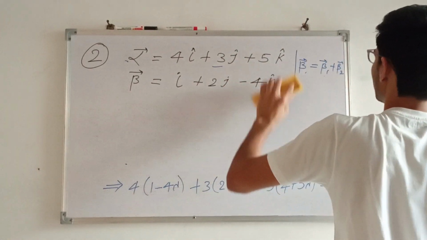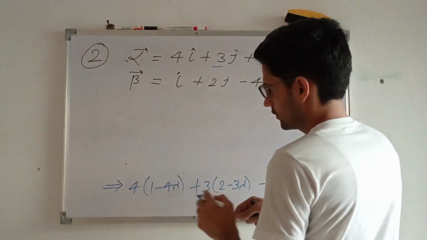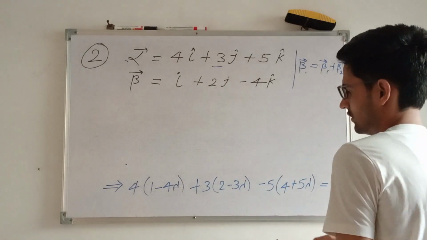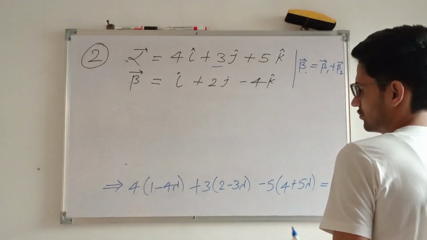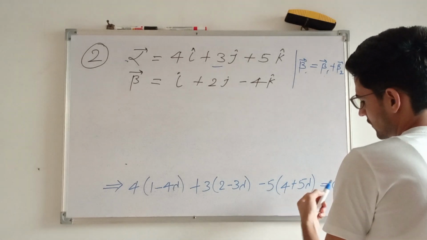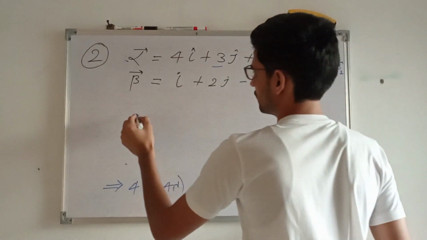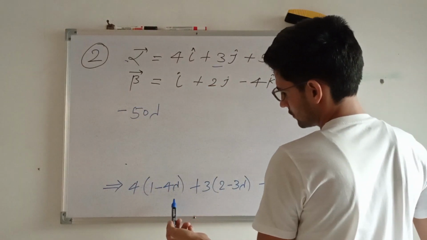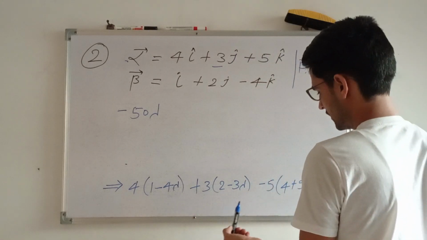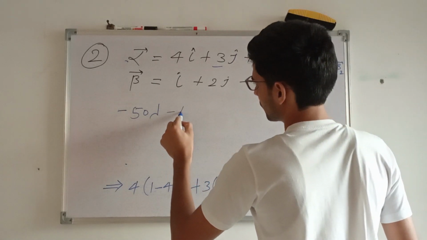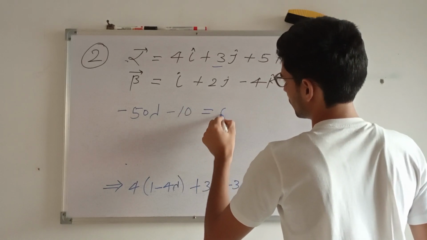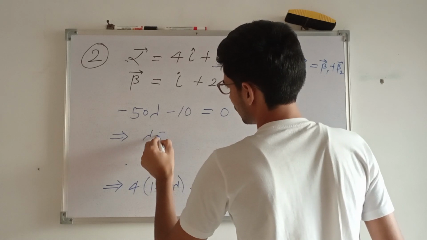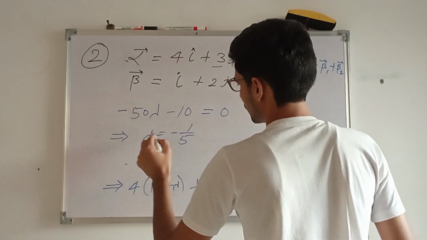What we get is 4 minus 16 lambda and minus 3 3s are 9 lambda. 16 plus 9 will be minus 25 lambda, minus 25 lambda also from here, so it will be minus 50 lambda, and the constant will be 4 plus 6 minus 20, which is minus 10. Bring it to this side, we get lambda is equal to minus 1 by 5.